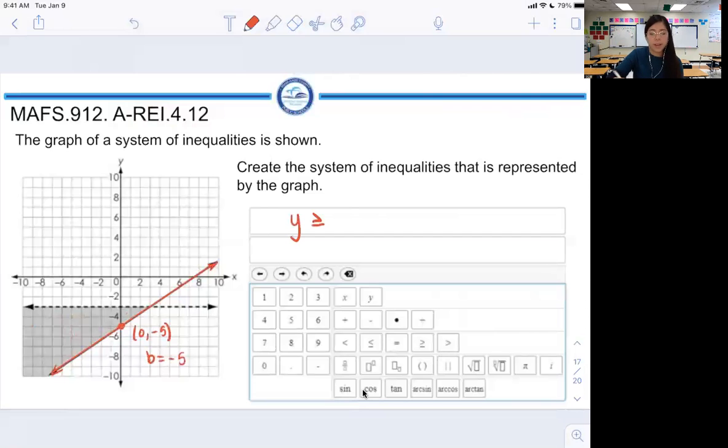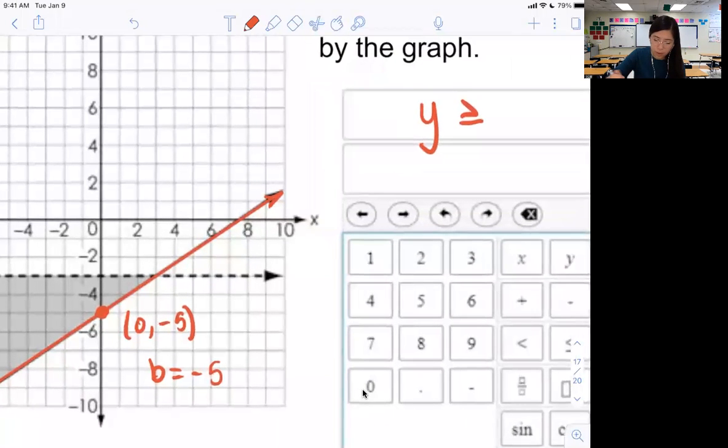And for the slope, I need to pick 2 points and do my rise and run. So I see another point right here. My rise is 1, 2, 3, 4. And my run is 1, 2, 3, 4, 5, 6.